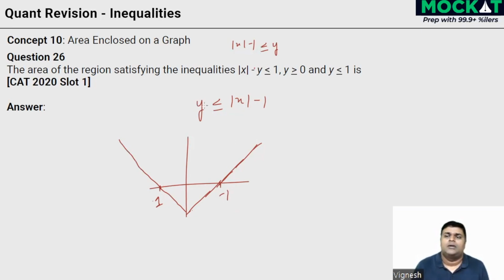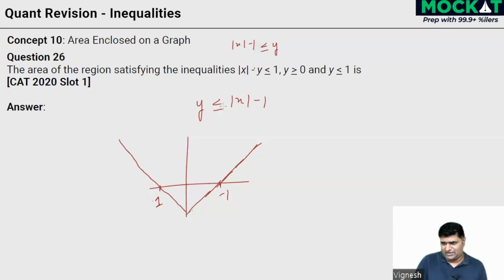Now, y over here has to be less than equal to mod x minus 1. Take a value, anything in between this, 0, 0. Does it satisfy? 0 is less than equal to minus 1 over here. So y should be, in fact, the other way around.